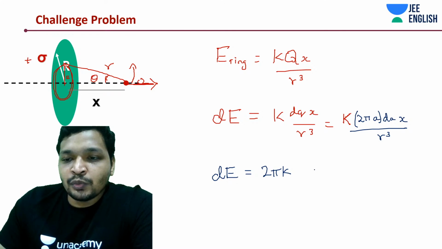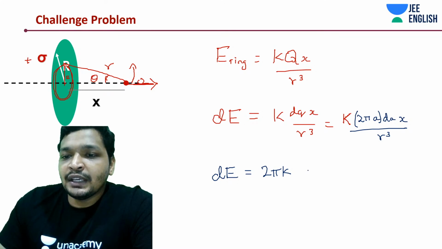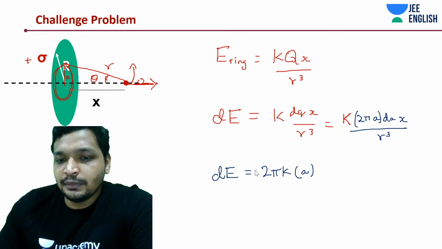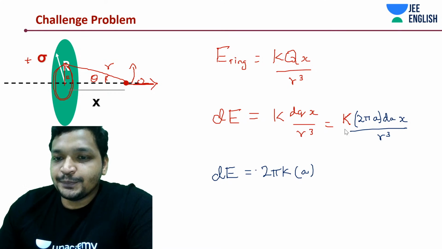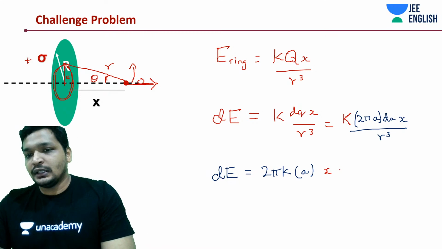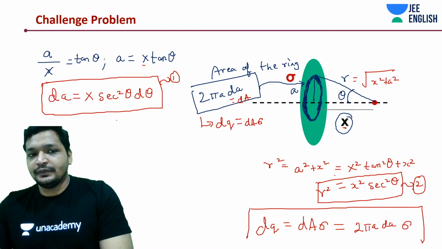First, let me keep this a alone. Now what is dA? dA was x sec square d theta.